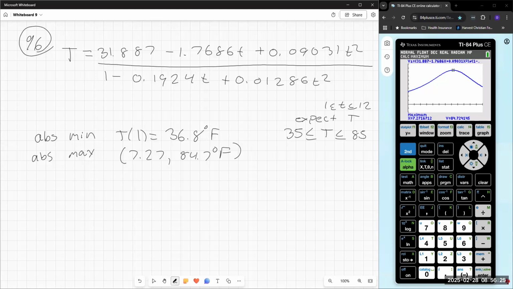That would be a good expectation. Where that's the high temperature, the lowest high temperature I would expect in January, and the highest high temperature I'd expect in August.